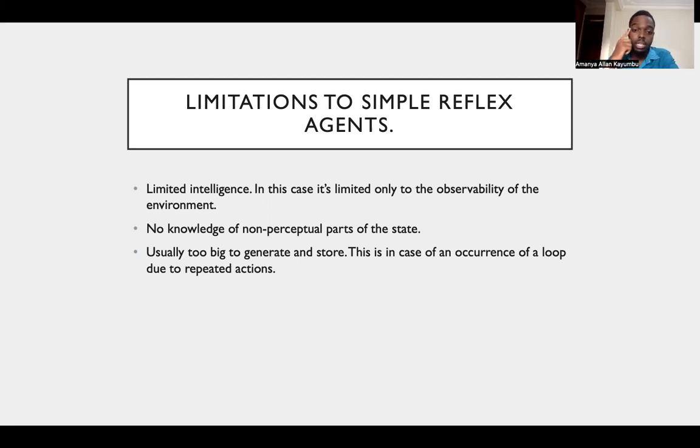What this basically means is the agent only considers what it knows at that point and is vulnerable to what it does not know. There's no knowledge of non-perceptual parts of the state, and it is usually too big to generate. Also, a loop can occur due to repeated actions.